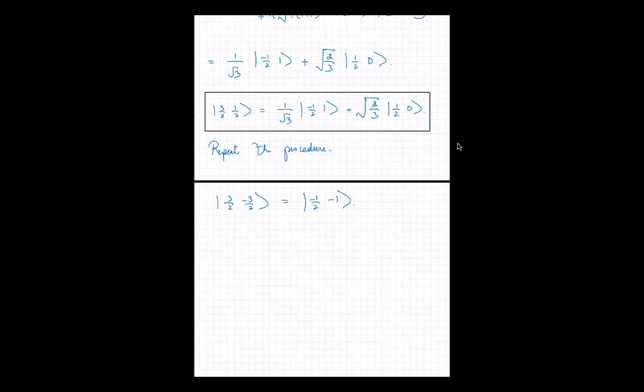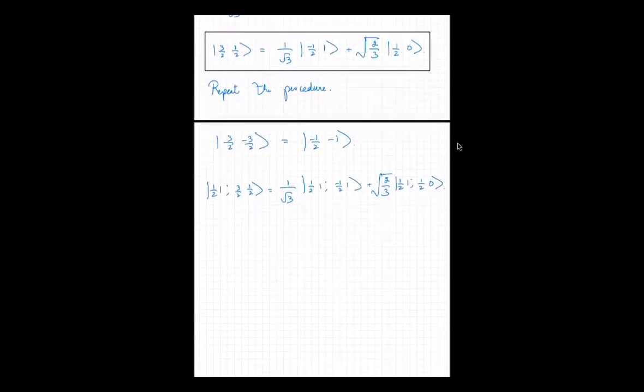Okay, so the left hand side of this boxed equation basically is J1, J2, which is 1 half 1, J, M, which is 3 half 1 half, equals 1 over root 3, J1, J2, again 1 half 1, M1, M2, which is minus 1 half 1, plus square root of 2 thirds, 1 half 1, J1, J2, M1, M2. Okay, so this is what I mean.